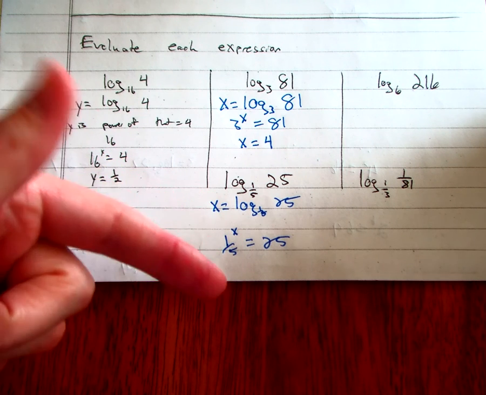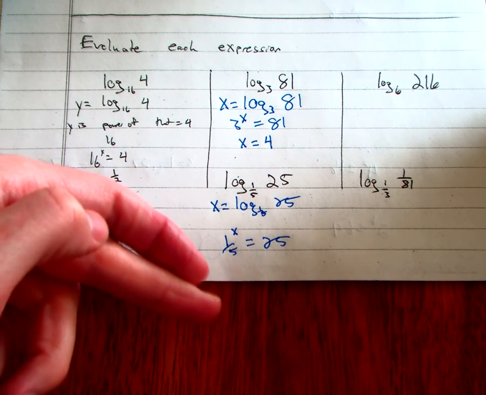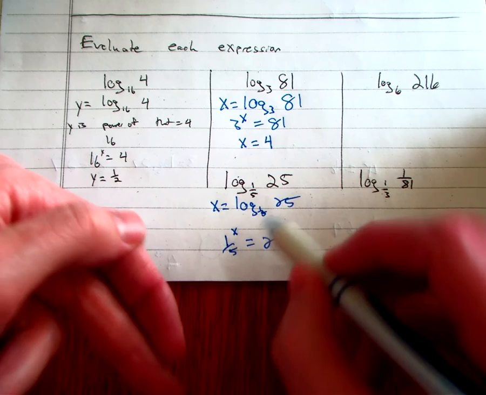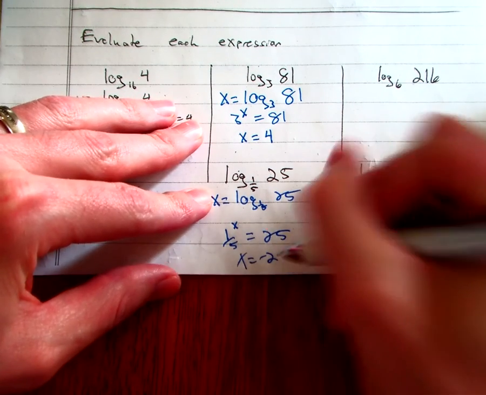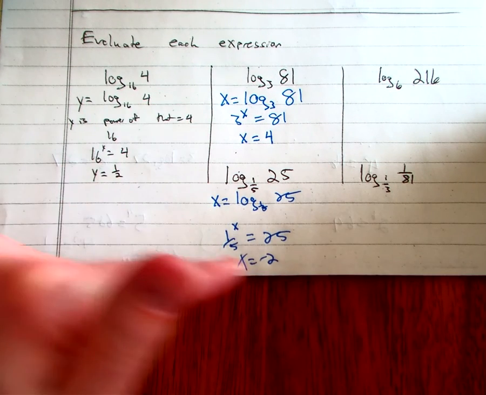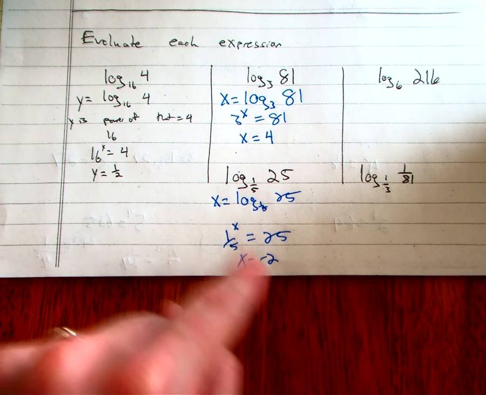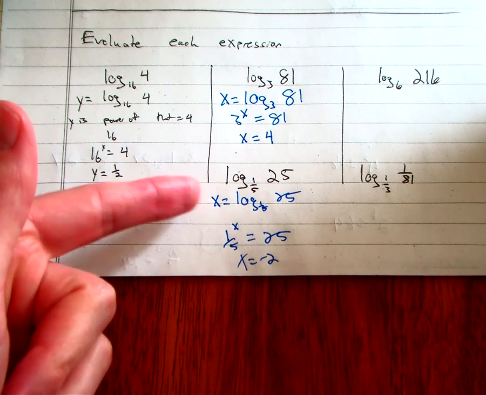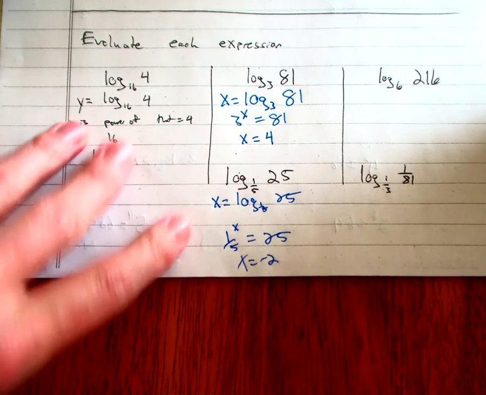A negative exponent. A negative would flip it, and 1/5 flipped upside down would put 5 back on top, and then squared. So this X is going to be -2. 1/5 to the -2 would equal 25, because the negative would flip it, so 5 over 1, and then squared would give me the 25.